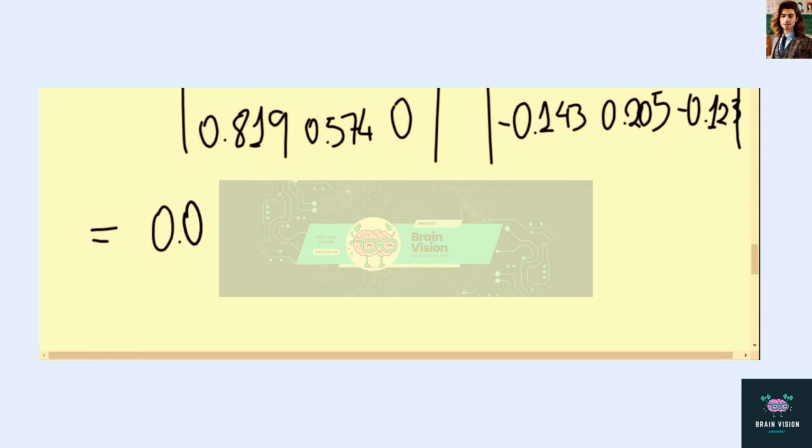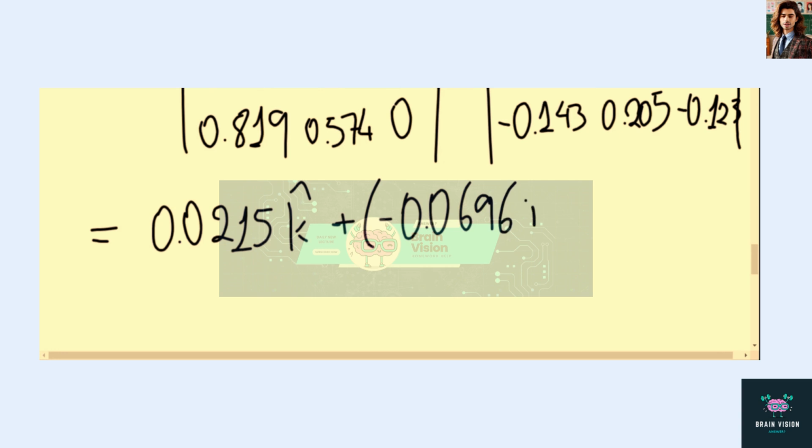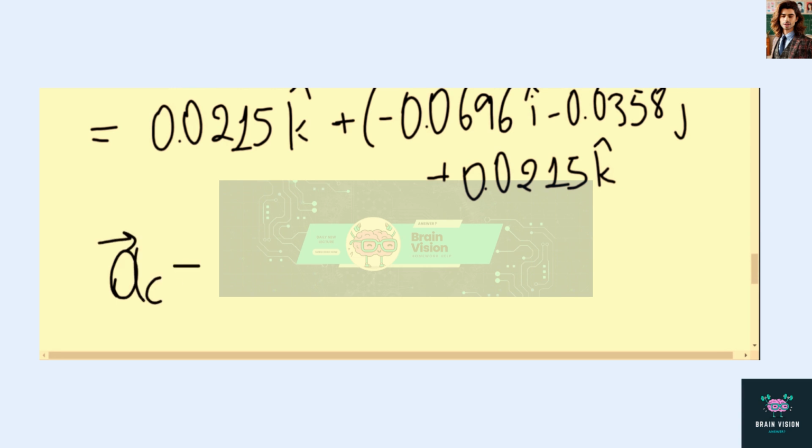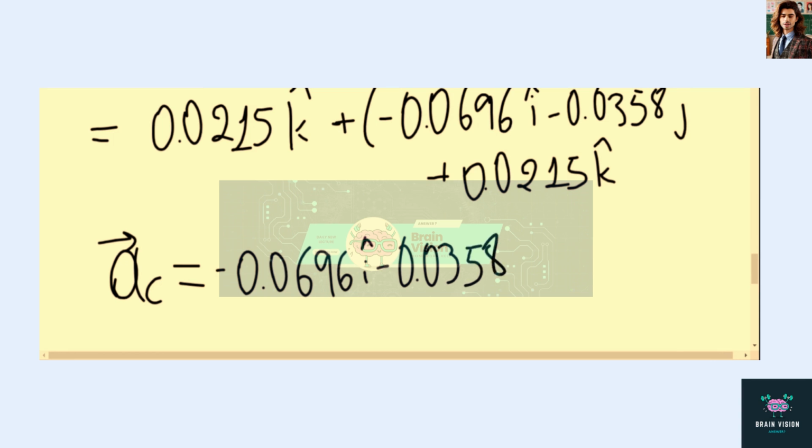The first determinant gives 0.0215 k hat, and the second determinant gives minus 0.0696 i hat minus 0.0358 j hat plus 0.0215 k hat, and in total this is a linear acceleration of 0.0696 i hat minus 0.0358 j hat plus 0.043 k hat.